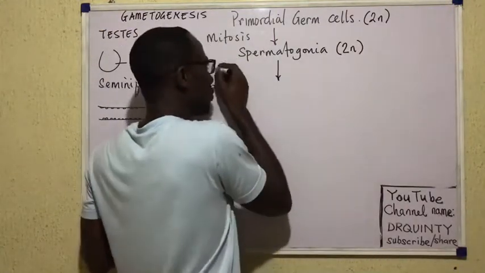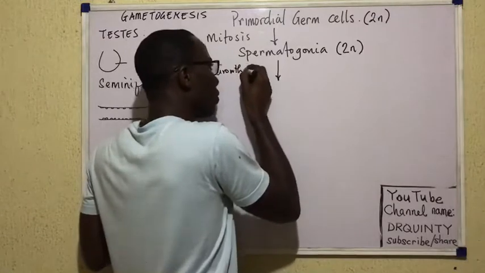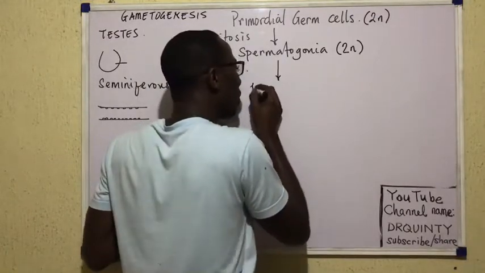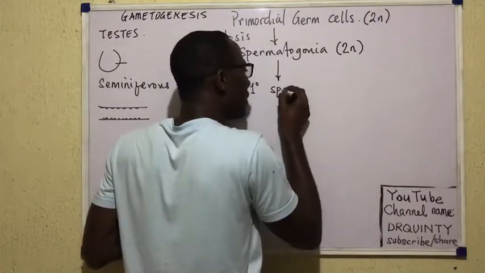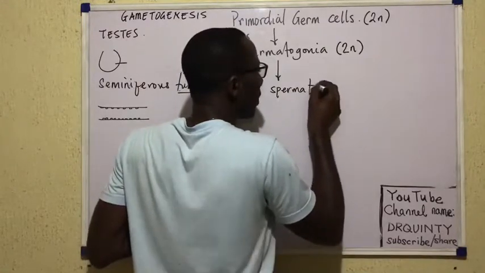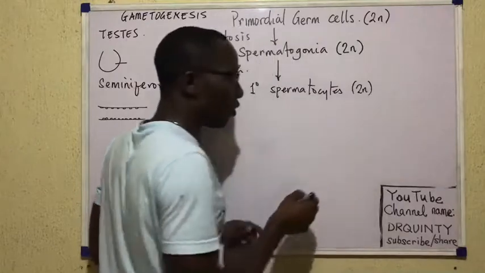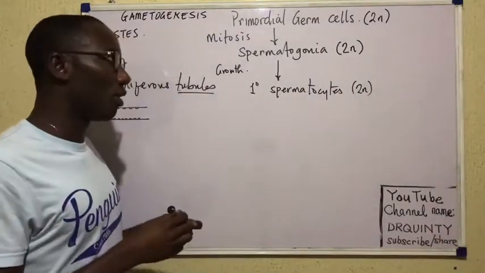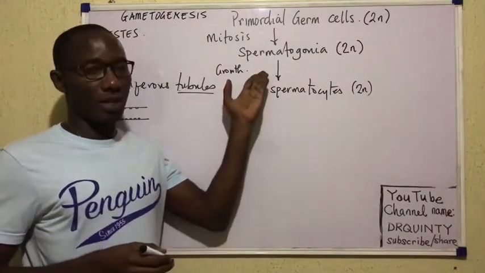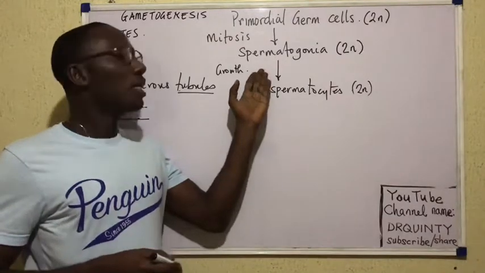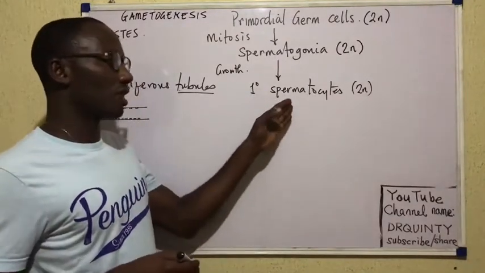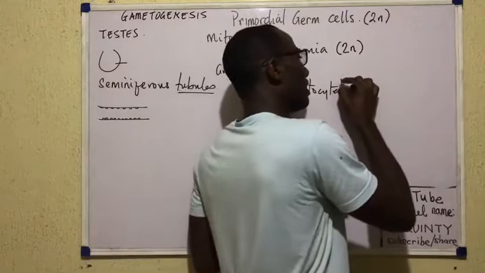So this is growth now. They would grow to become what we call primary spermatocytes, and these primary spermatocytes of course will still be diploid because it is just growth that took place there. Now for the primary spermatocytes, they have an alternative name.